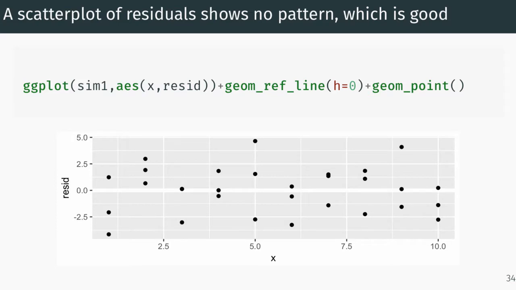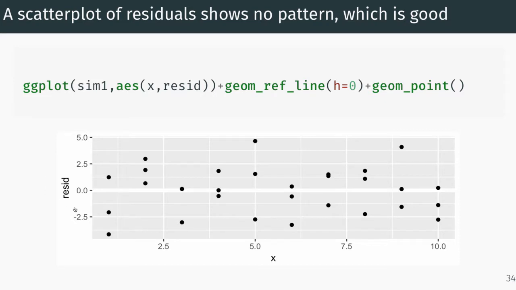You should always plot the residuals and see if there's a pattern to the residuals. If there is a pattern to the residuals, the model is not very good. It means that the model hasn't captured some of the pattern in the data. If you recall, our plan was to divide the model into patterns and residuals. And these residuals show no pattern at all.